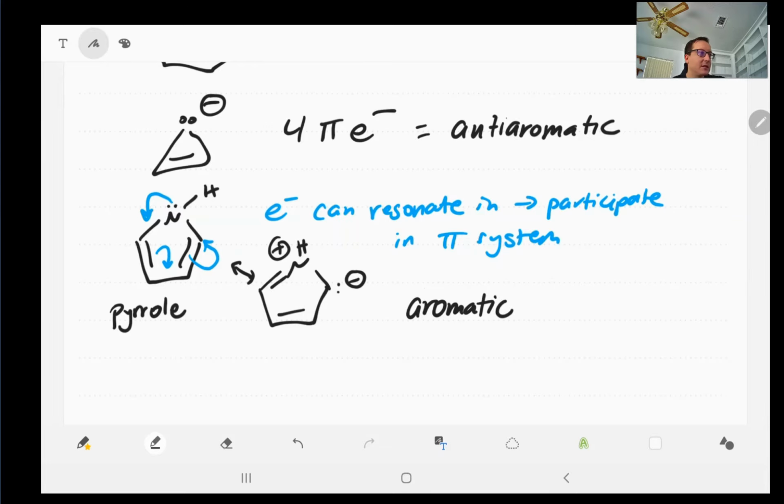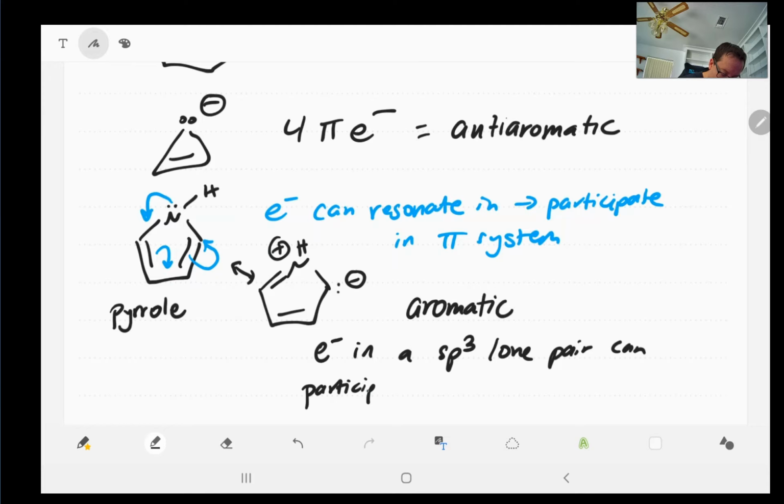These pi electrons in an sp3 nitrogen can interact. Remember that electrons in an sp3 lone pair can participate in aromaticity.